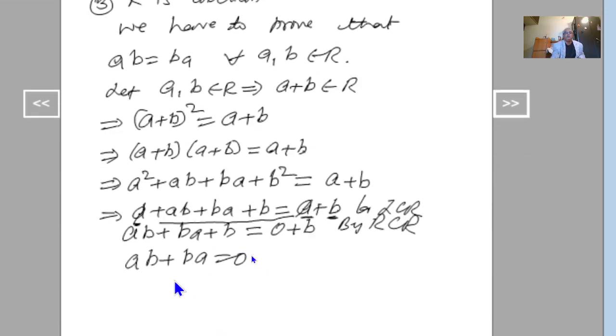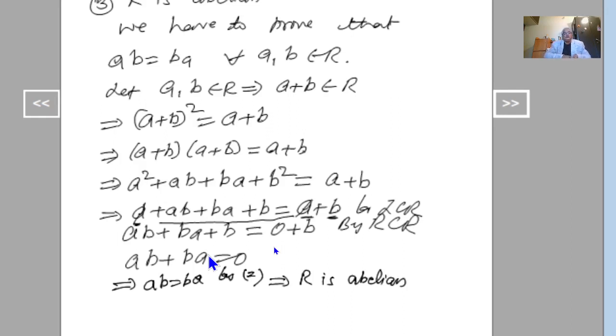So here we have AB plus BA equal to 0 implies that AB equal to BA. This is by result number 2. This implies R is abelian.